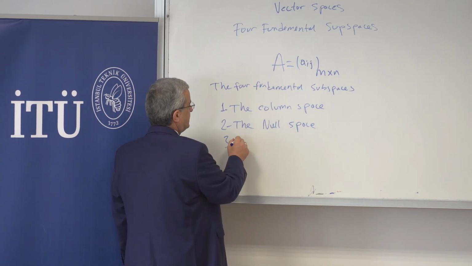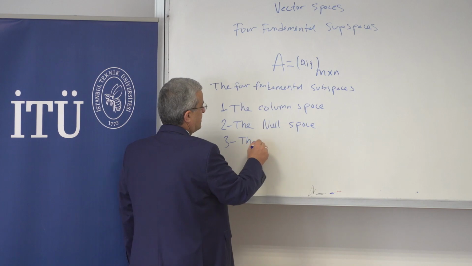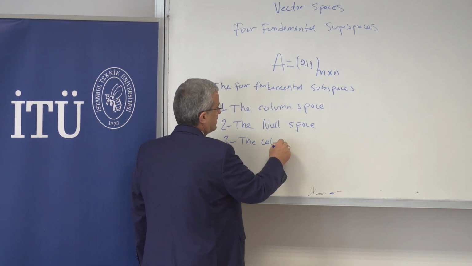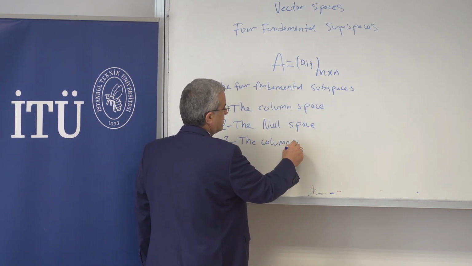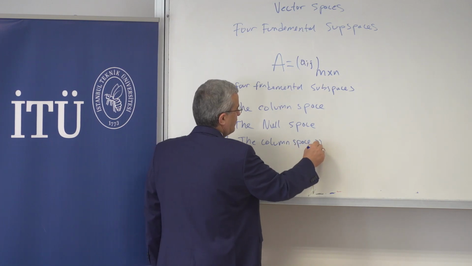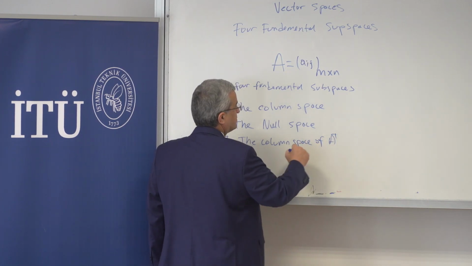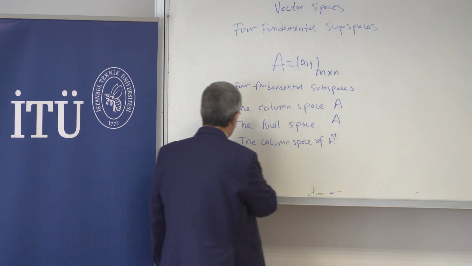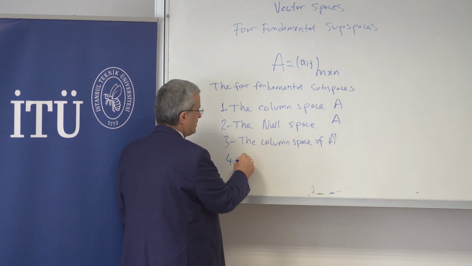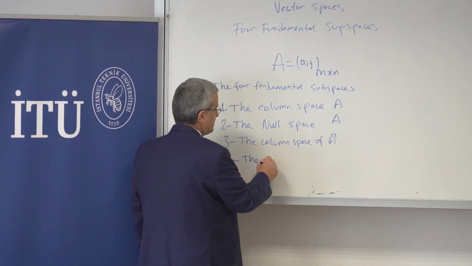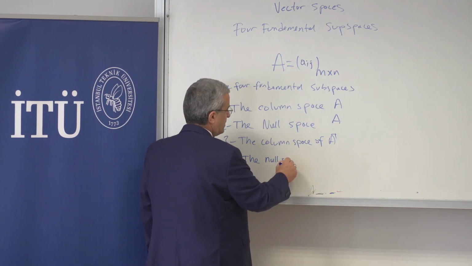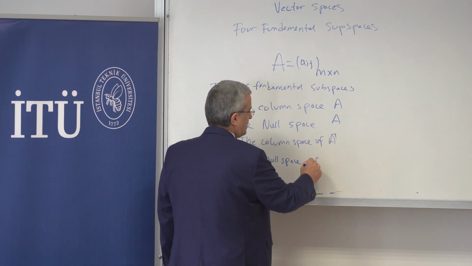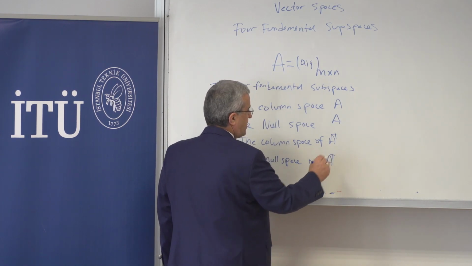Three, the column space of A transpose, okay, of A, A transpose. Four, the null space of A transpose.